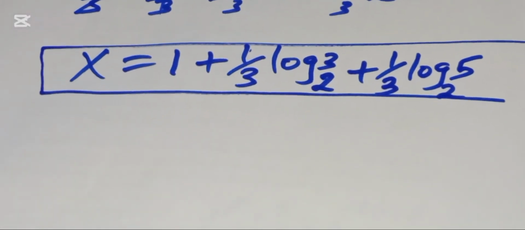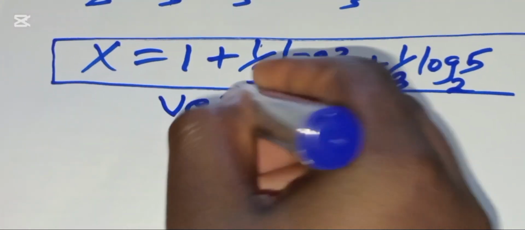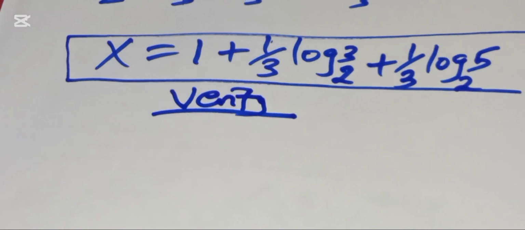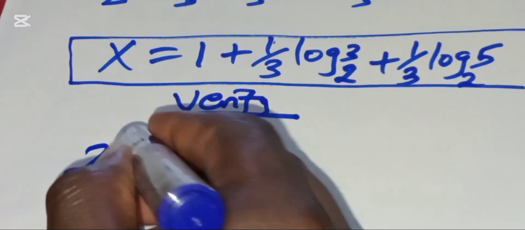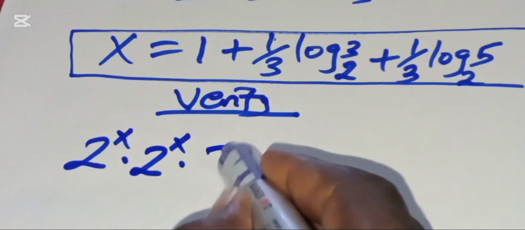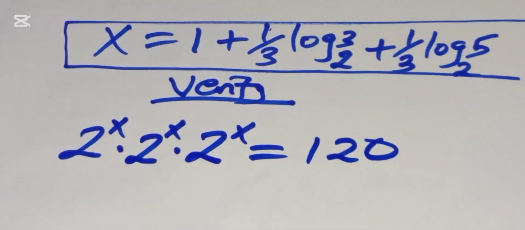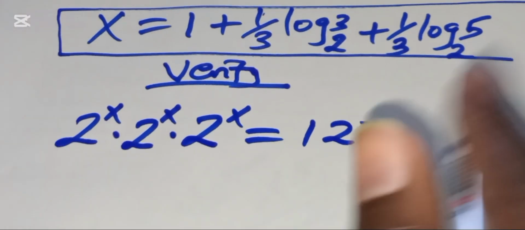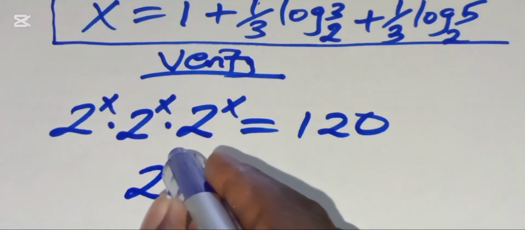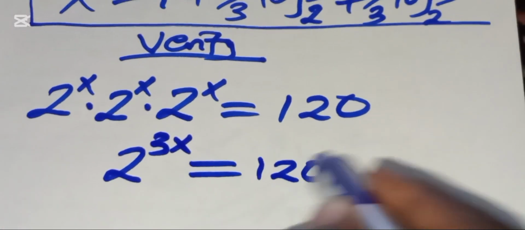Now let's verify that this value of x actually satisfies the equation. Okay. So let's verify. Now, as you might recall, we have 2 raised to power x multiplied by 2 raised to power x multiplied by 2 raised to power x. This is supposed to give us a value of 120. If you simplify this further, this is the same thing as 2 raised to power 3x, which is supposed to give us 120.